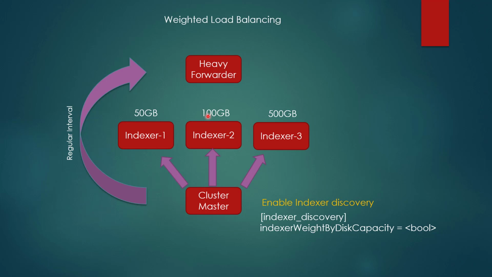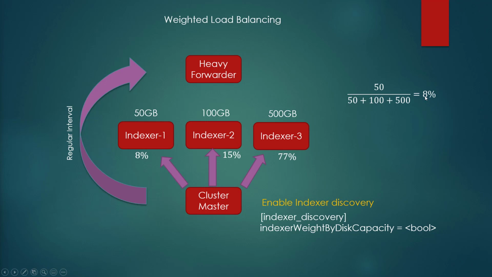It calculates based on a percentage. For indexer 1, I have 50 GB available, so 50 divided by the overall space available across all the indexers, 50 by 650, is almost 8%.